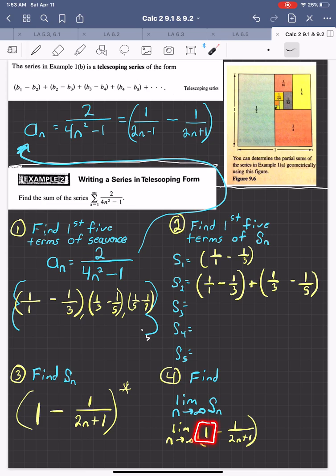And what you're going to be left with is just 1. So this converges. And the sum is 1. All right, so let's keep going here.